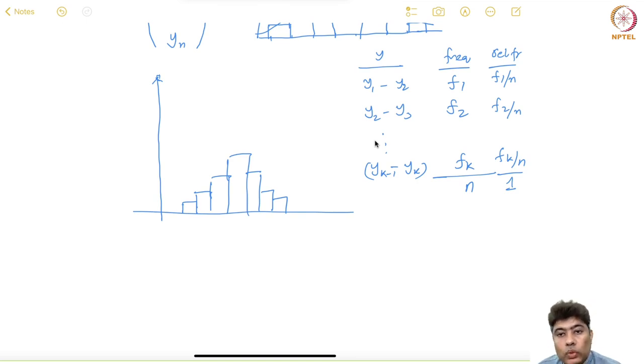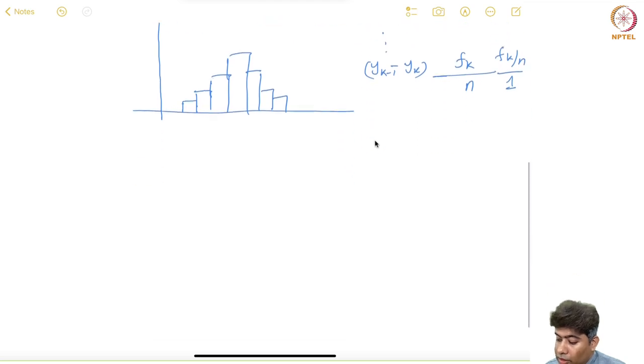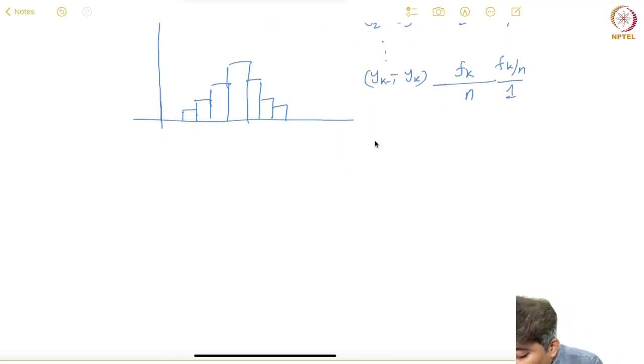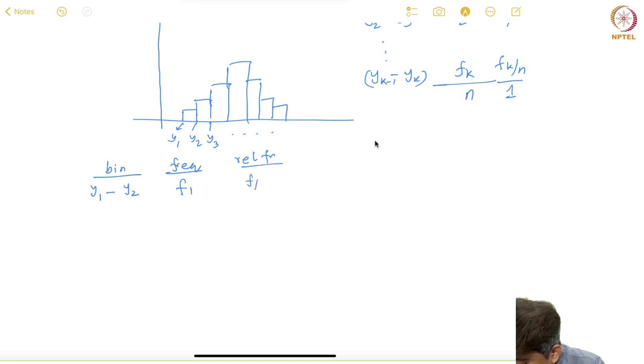Let us write it a little more carefully. So we have the bins here, where this could be y1, this y2, this y3, in this way. From y1 to y2 we have f1 samples, and the relative frequency is f1 by n, which is r1.